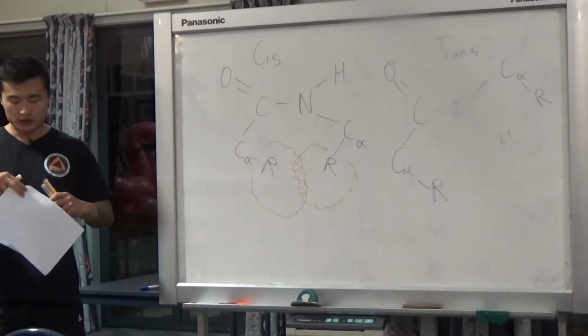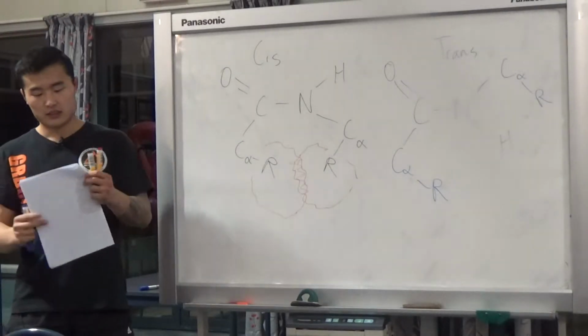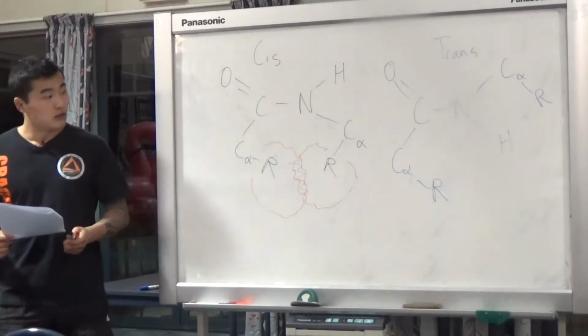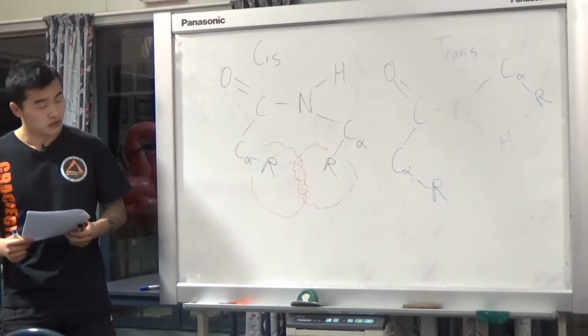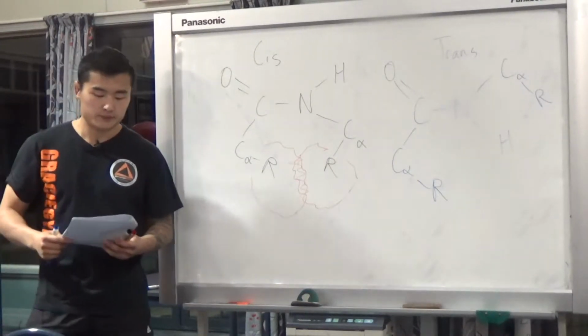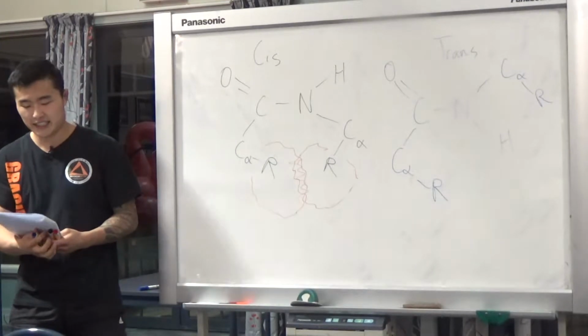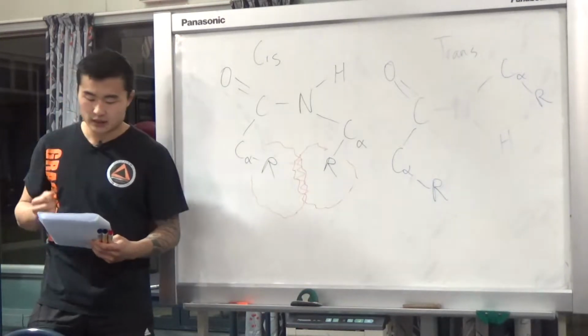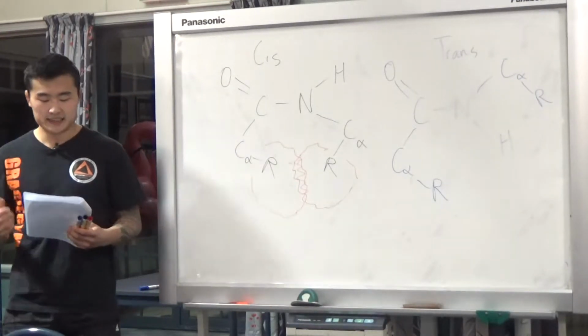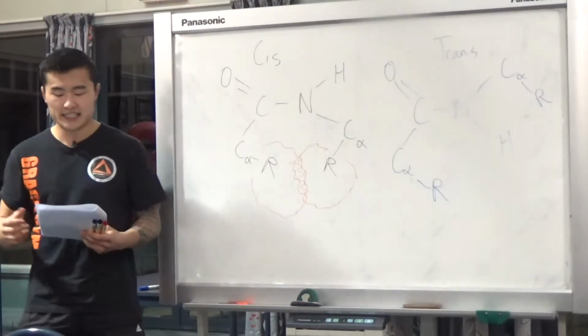All right. So next page. So for proteins and polypeptide chains, the first bullet point, amino acids joined together form a polypeptide chain.